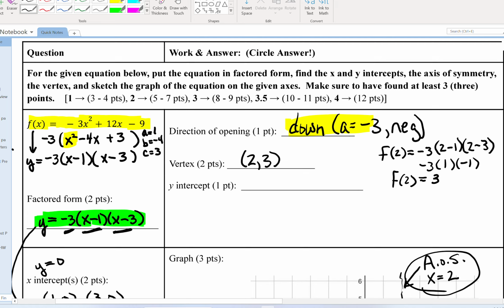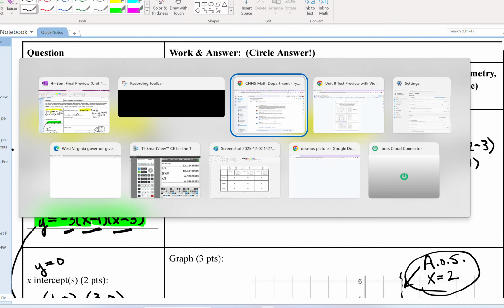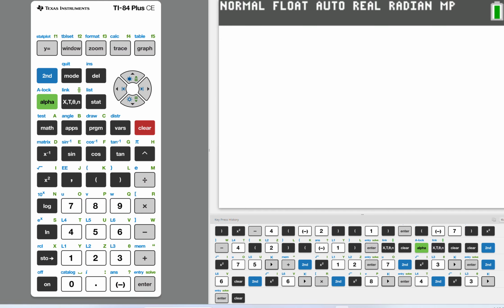Now, I mentioned that we can plug this into the standard form and get the same value. So if I do that, I've got negative 3, then parentheses x, which is 2, squared.